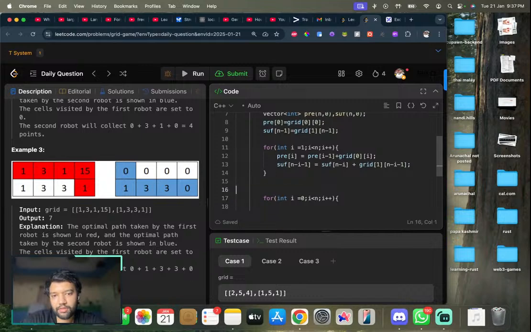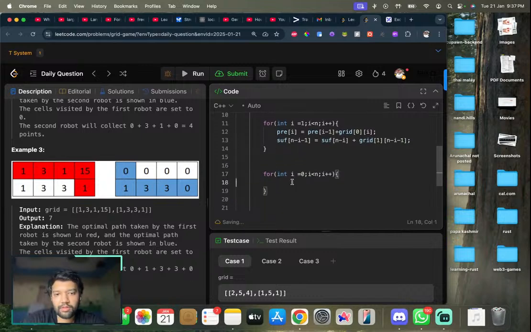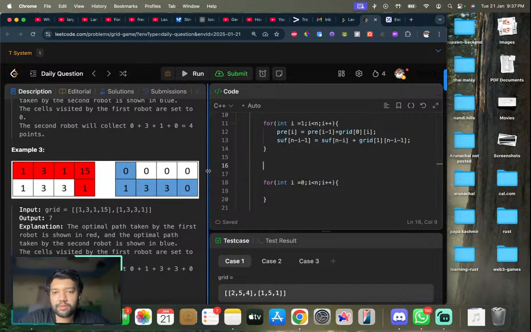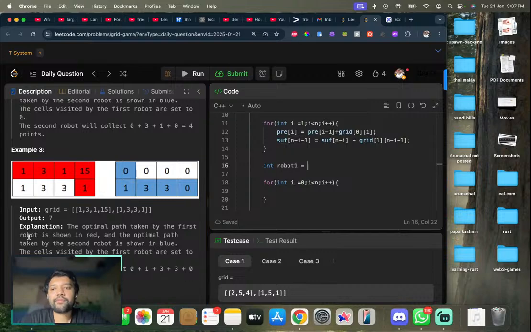Okay, let's int robot one is equal to... What does robot one want to do?